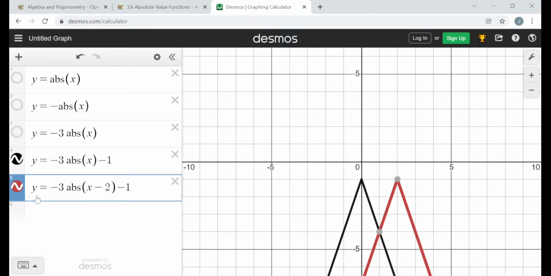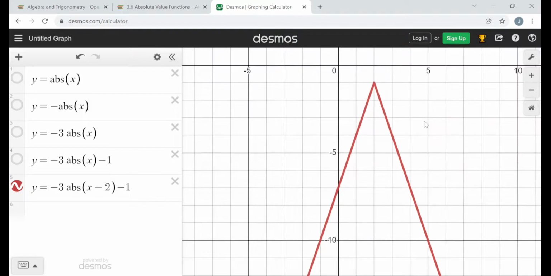And you get that red graph, and this is the final graph. And look at this. When I click on this, the highest point is 2, -1, which is what I had on my picture for graph 5. And you see again, there's no x-intercepts, not hitting the x-axis at all, which we said. And look at the y-intercept, 0, -7, which is what we said as well. So this is perfect.